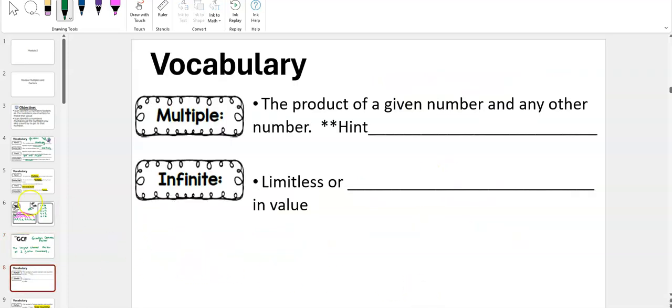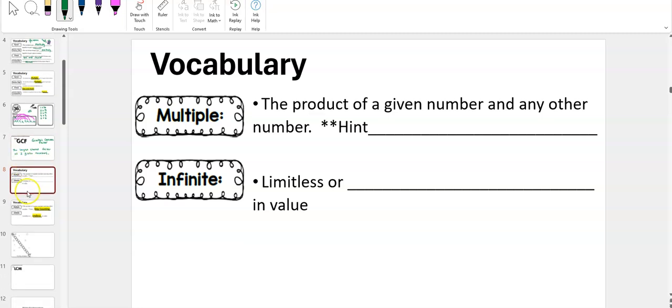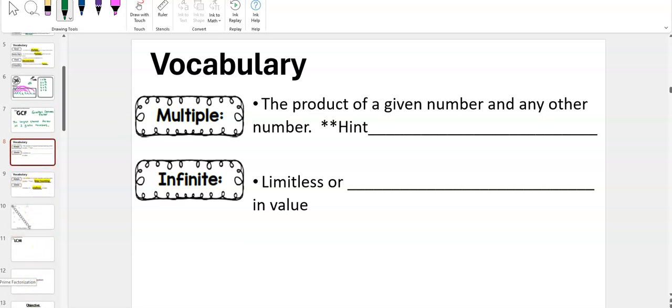Okay, next we're going to write the definition and stuff for multiples. Okay, so a multiple is the product of a given number and some other number. Okay, a hint that you might think is skip counting. That's basically what we're going to do. When I think multiples, I think skip counting.